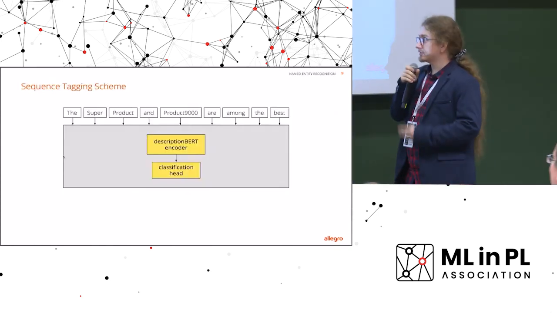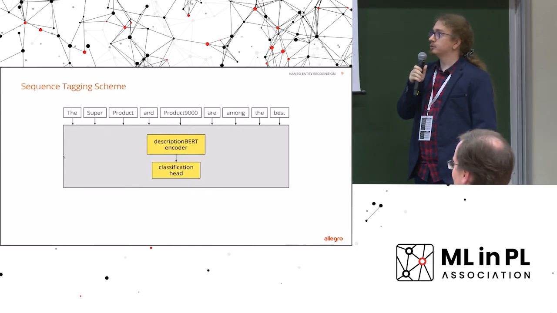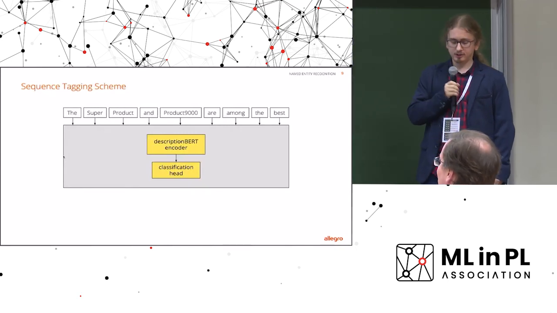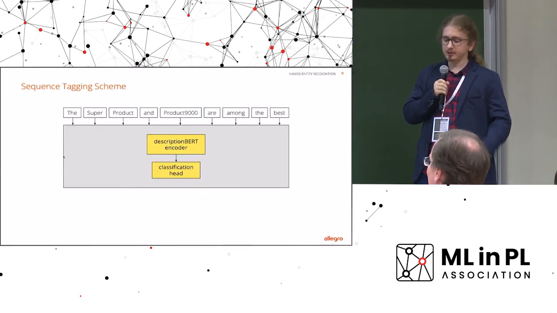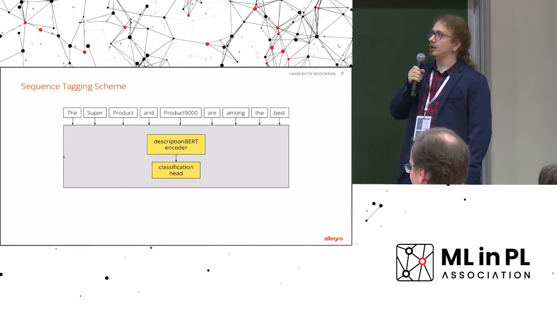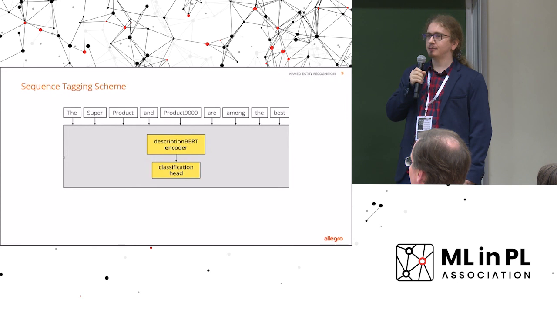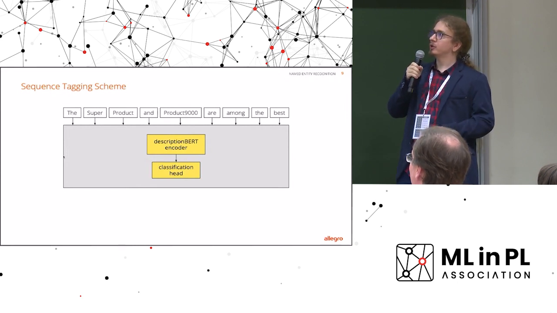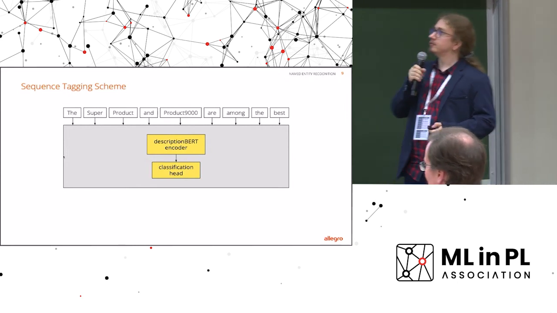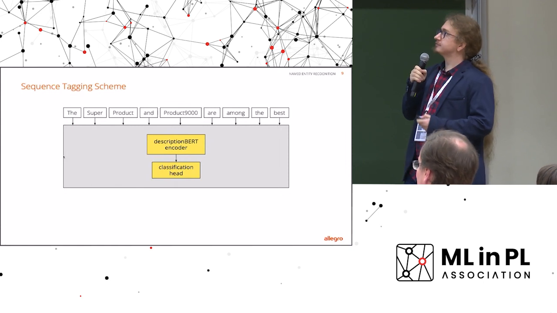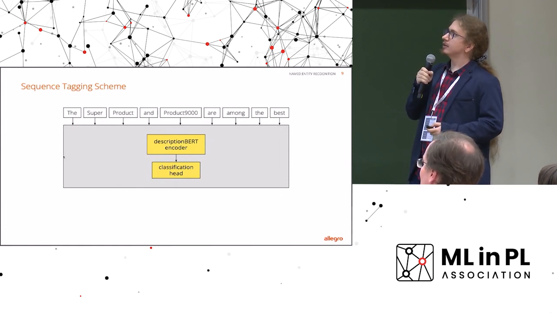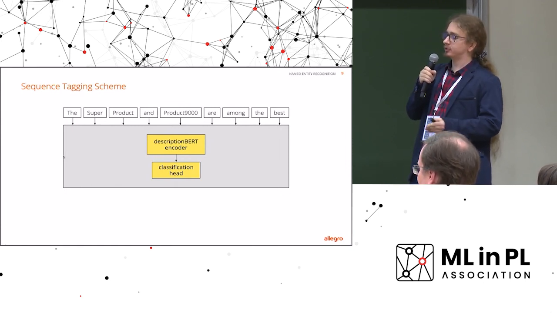So now let's answer how we achieve this. In this named entity recognition system, we have a sequence tagging, a sequence classifier where, for example, for a sequence such as this, we can split it into tokens.